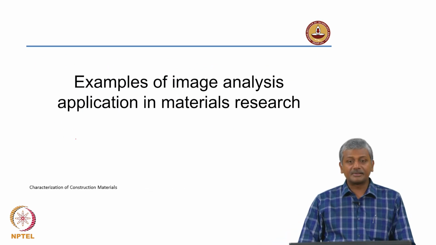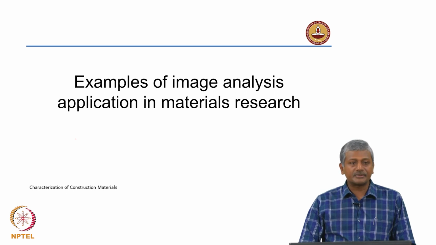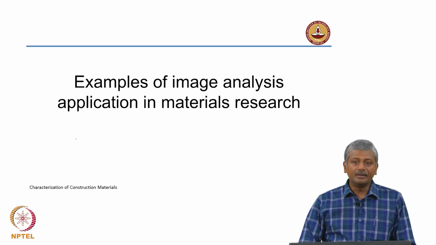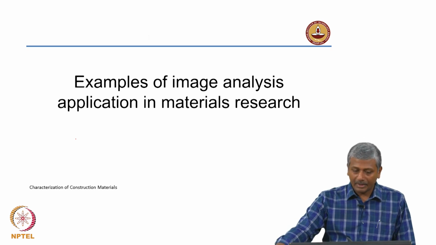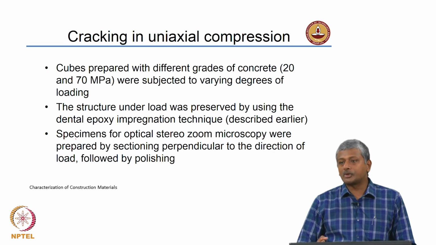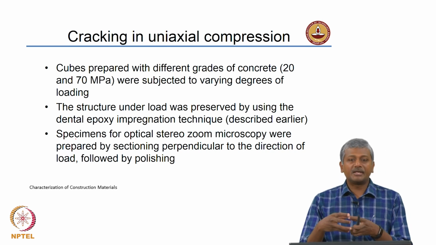Okay, so now let us try and see how we can interpret images and take data from images to represent the kind of phenomena that we want to observe in construction materials research. So, here is a study which I had showed you previously when we talked about how samples can be prepared for microscopy by encapsulating with an epoxy, so that it preserves the cracked state of the material.